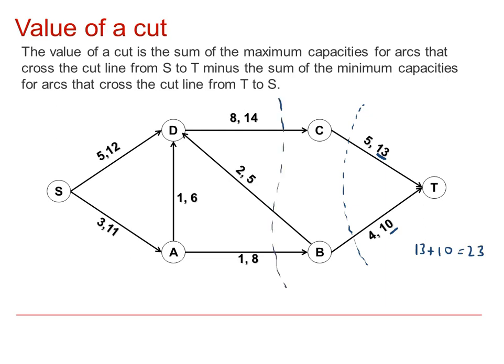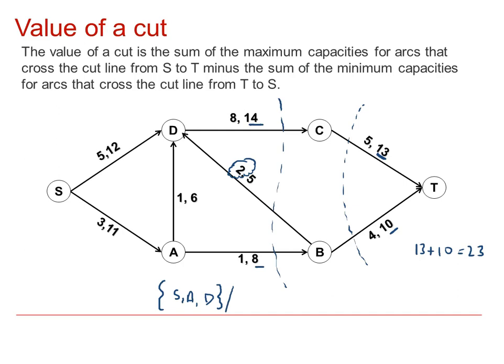This time we've got 8 flowing from the source set into the sink set and 14, but we've got a line going from B to D. Previously we would just have ignored that because it would have had 0, but now we have to subtract the minimum capacity of 2.